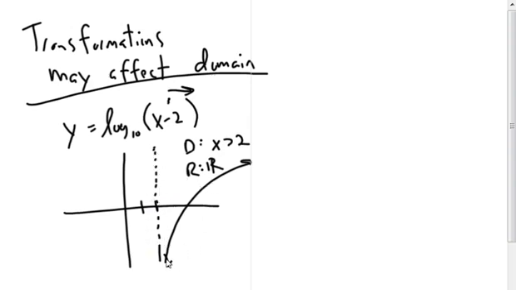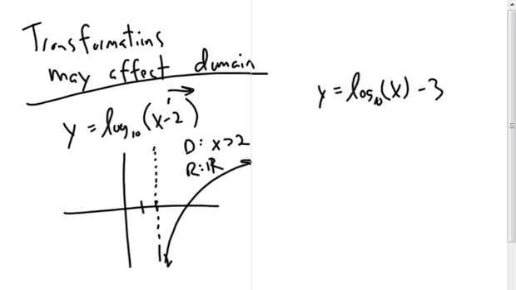The range is still the same, still goes all the way down, still goes all the way up here, but the domain is no longer x greater than 0, it's now x greater than 2. Now, don't confuse the domain with the x-intercept. The x-intercept is 1 past that, so this is at 3. It's not really to scale here. But anyway, that asymptote is at positive 2.